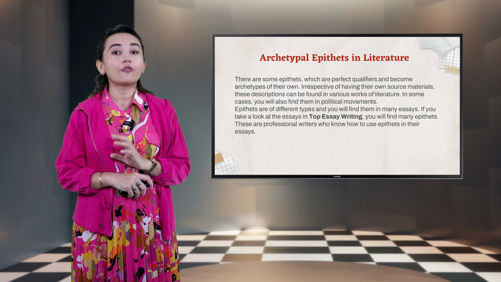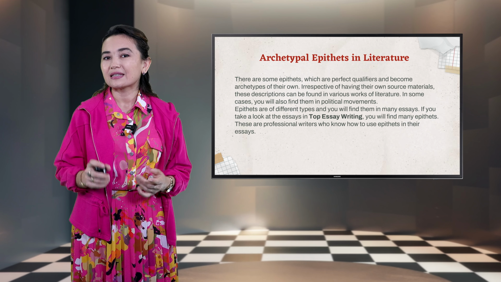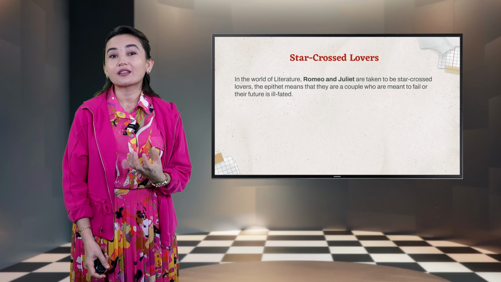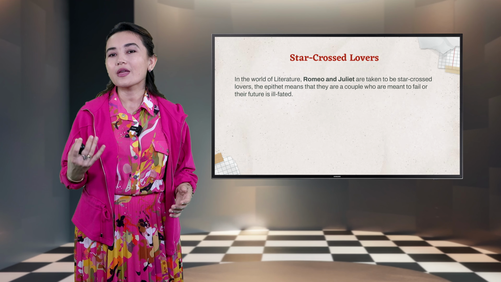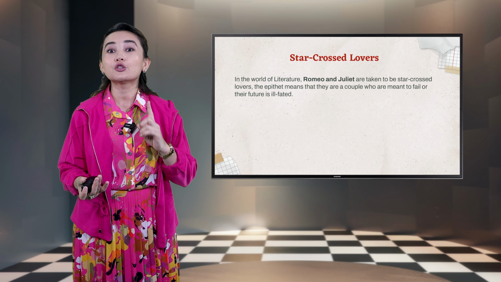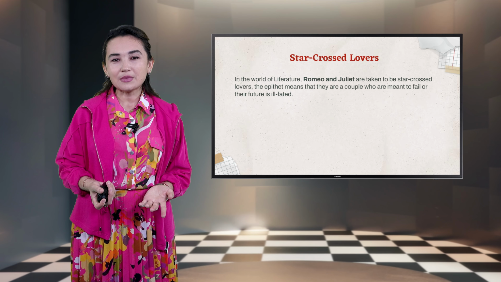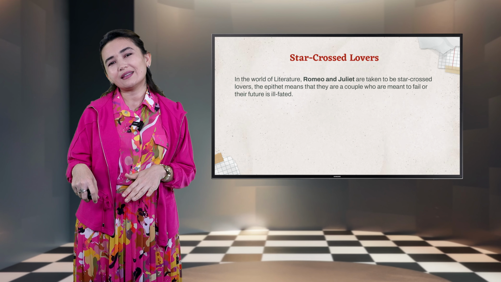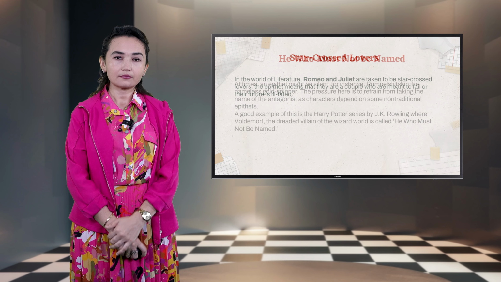These are professional writers who know how to use epithets in their essays. For example, star-crossed lovers. So, in the world of literature, Romeo and Juliet are taken to be star-crossed lovers. The epithet means that they are a couple who are meant to fail, or their future is ill-fated.